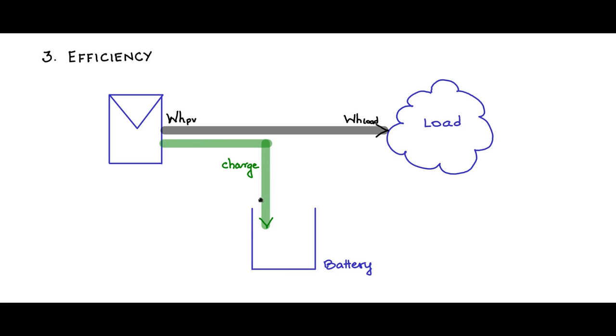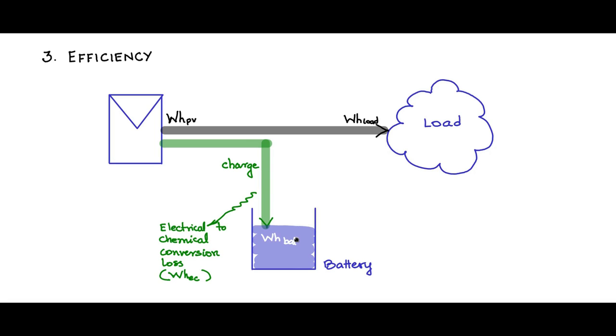In charging the battery, we are converting the energy from electrical to chemical, and there will be conversion loss. So we will call this WHEC, electrical to chemical, WHEC. So there will be this conversion loss, and therefore what will be available within the battery is slightly less than WHPV, what has been taken from the PV panel.